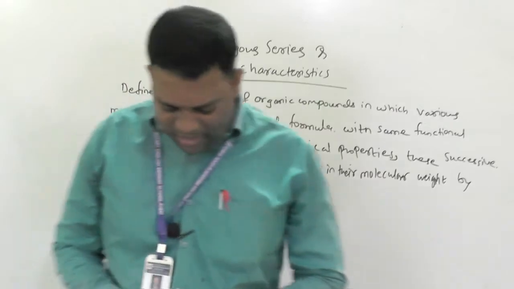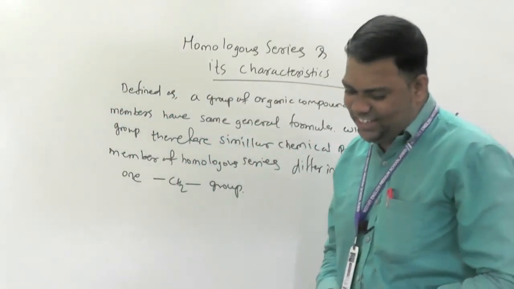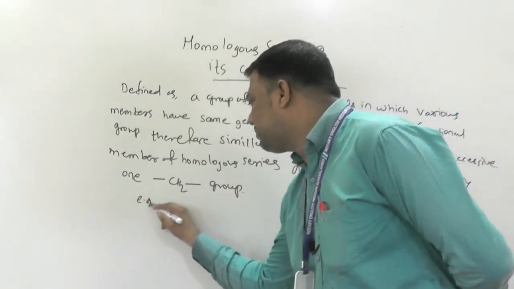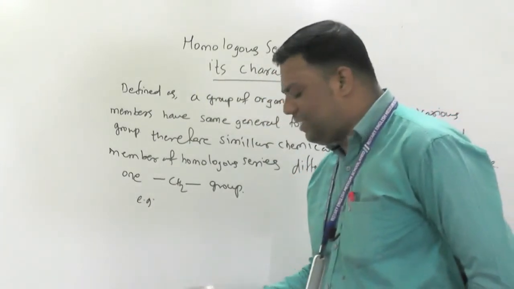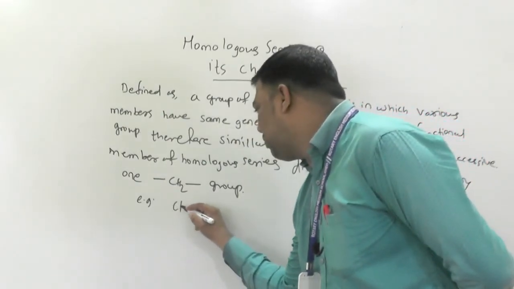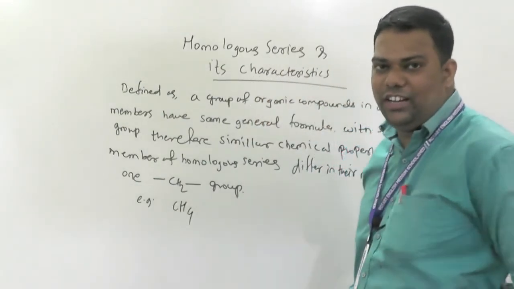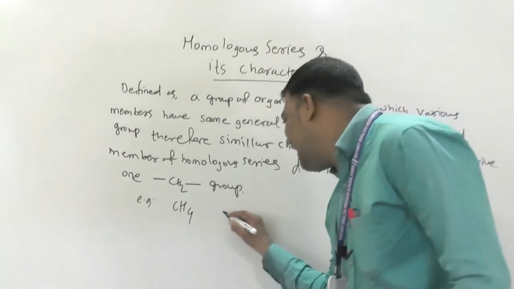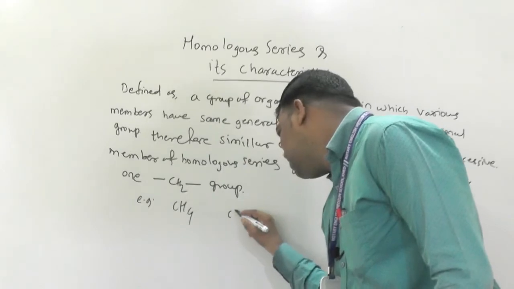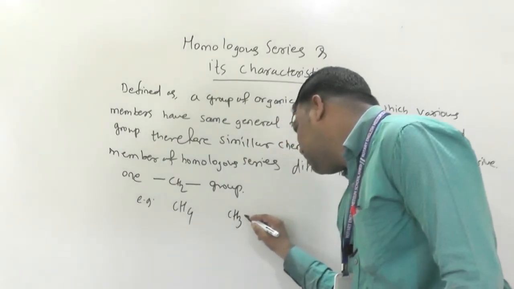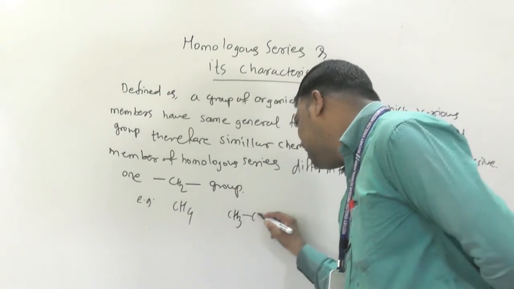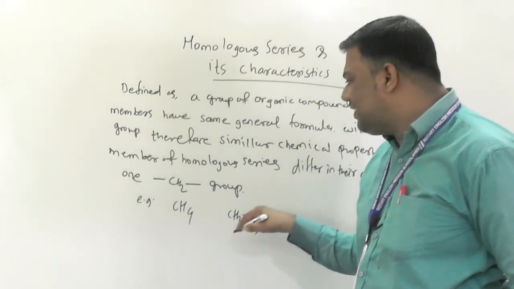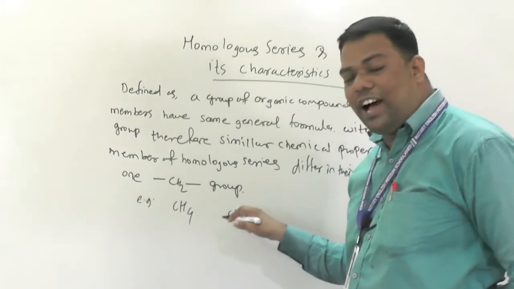Now we will see examples here, beta. So many examples are there. Suppose I write CH4, one of the alkanes. Further I will write CH3-CH3. But how much did I add in this carbon and hydrogen?